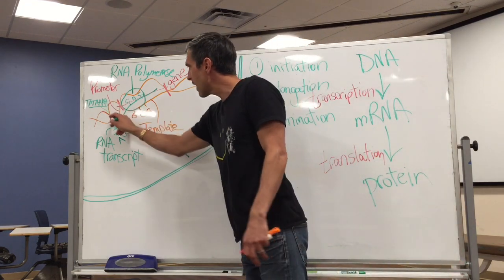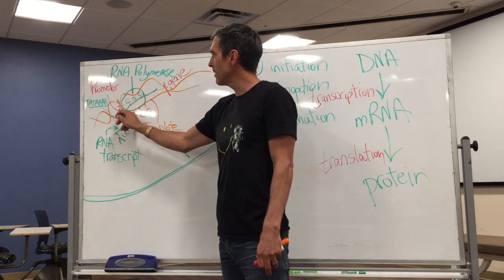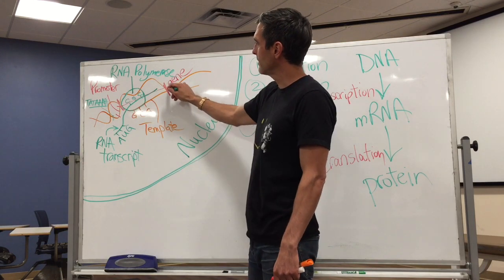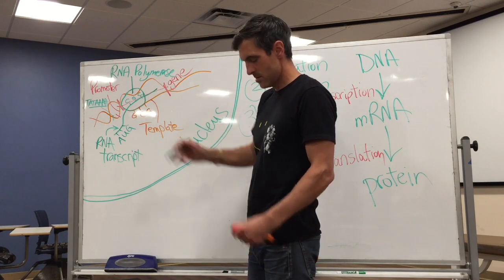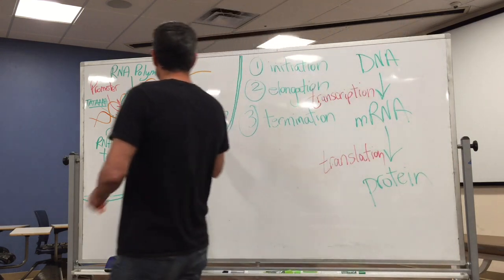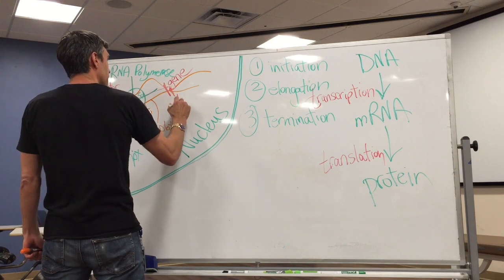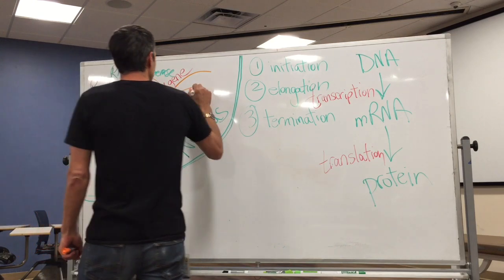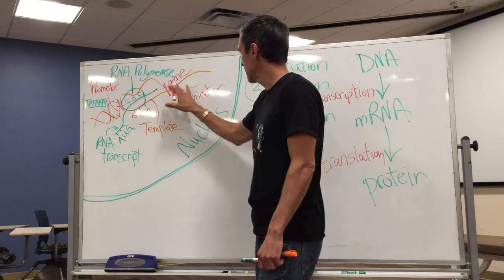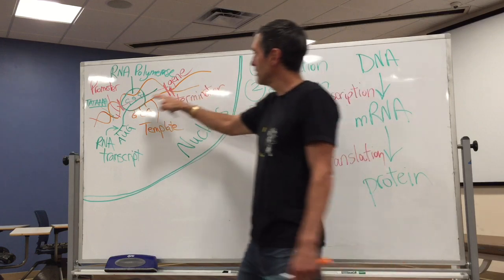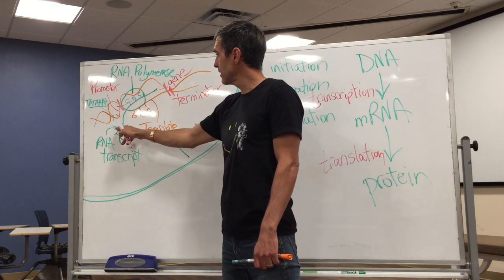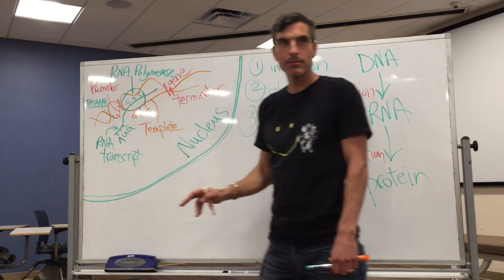Once you see the TATA, then you know a promoter is coming up, and then the gene right after that. Now, what tells it to stop? The terminator. So the terminator, say it's right here. Terminator says that's it.